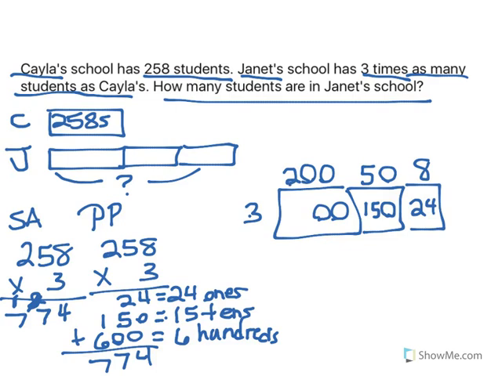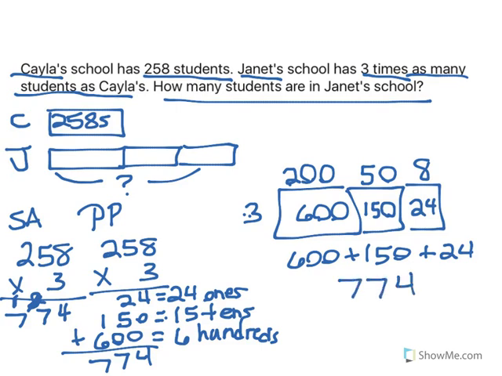And then 2 times 3 is 6, so I get 600. And then I do 600 plus 150 plus 24. And if I add that all together, I am going to get 774.